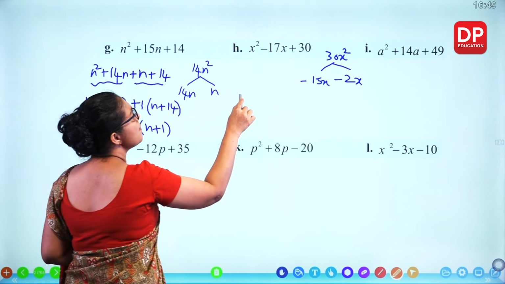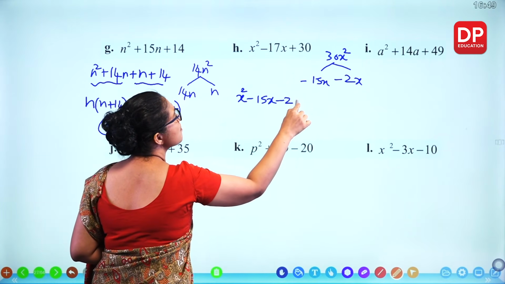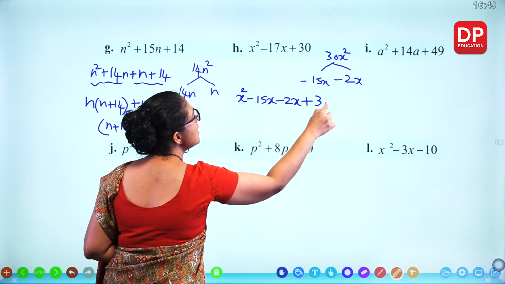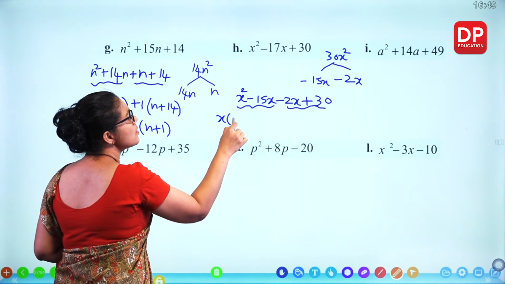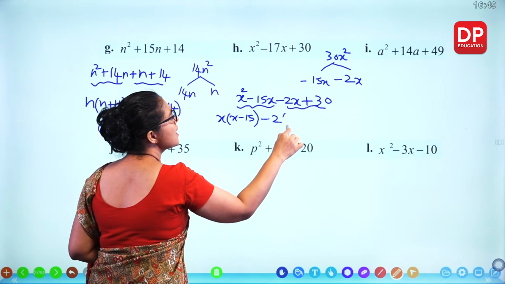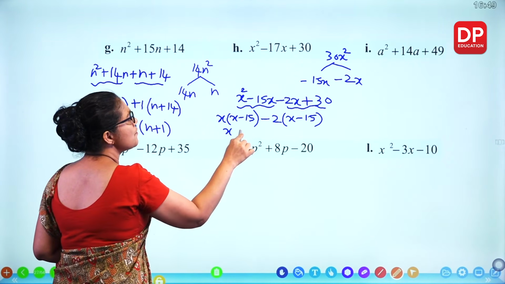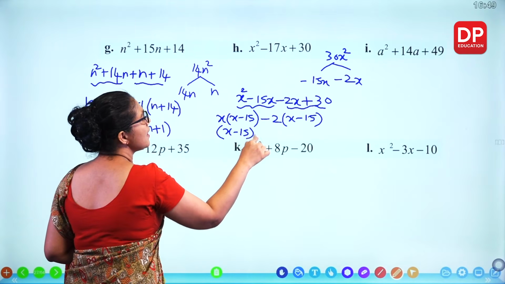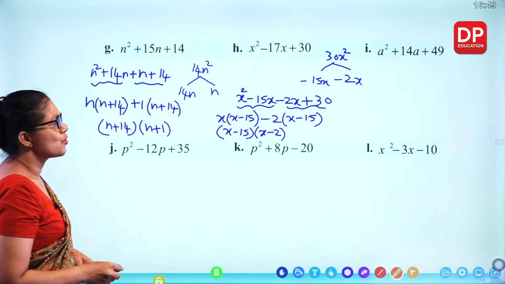So here split the middle term into 2, you get minus 15x minus 2x plus 30. Take 2 at a time, take x out, remaining part is x minus 15, minus 2 take it out, x minus 15, x minus 15 is common, and remaining part is x minus 2.